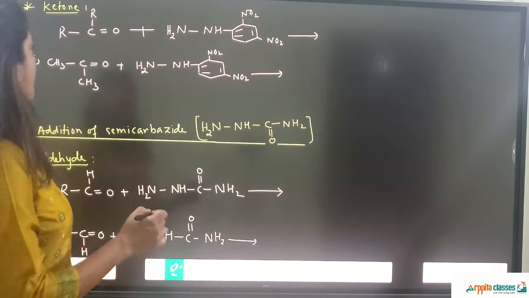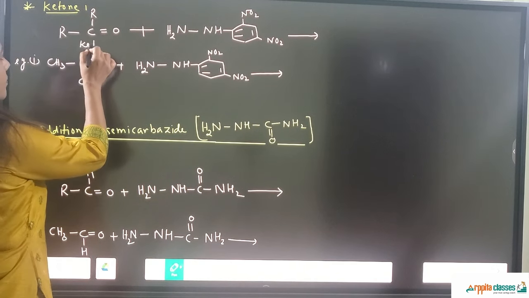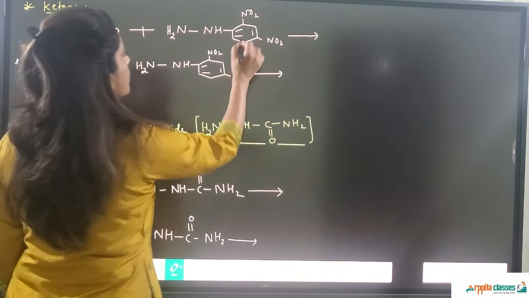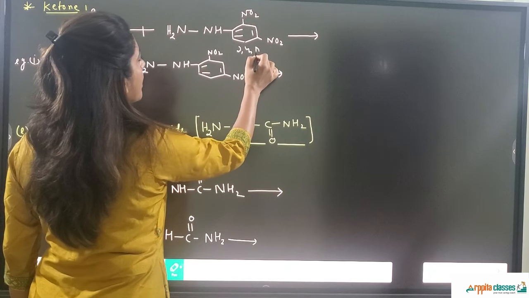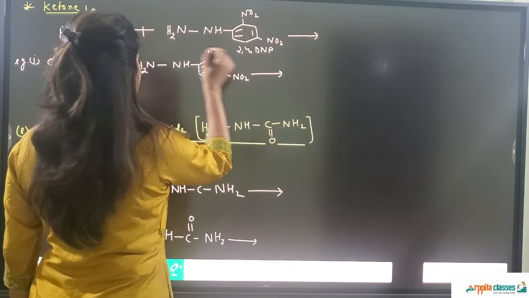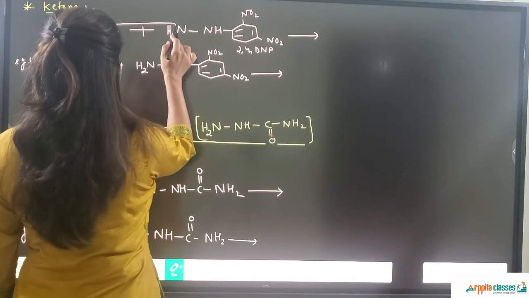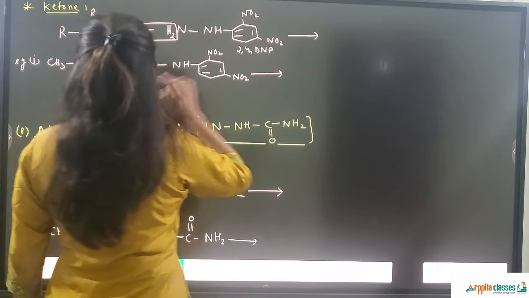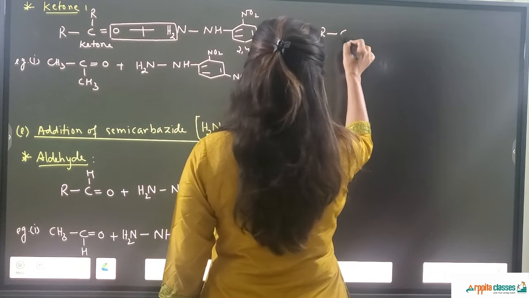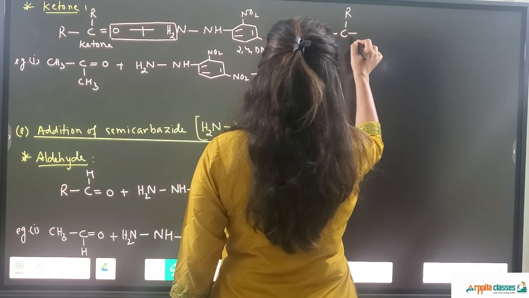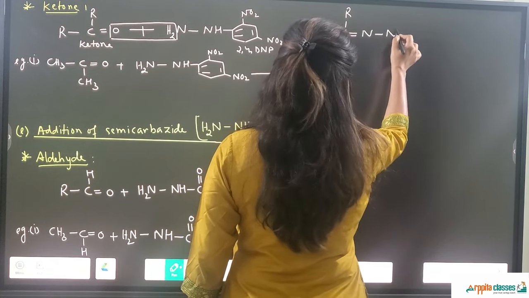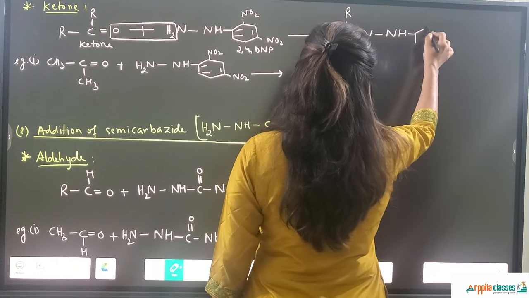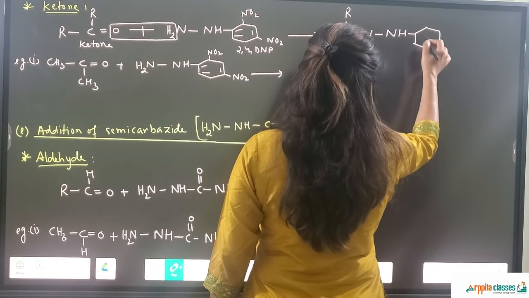Same reaction with ketone. Ketone, this is 2,4-DNP. Remove the water molecule from here. Write the product. Practice it without seeing this board.